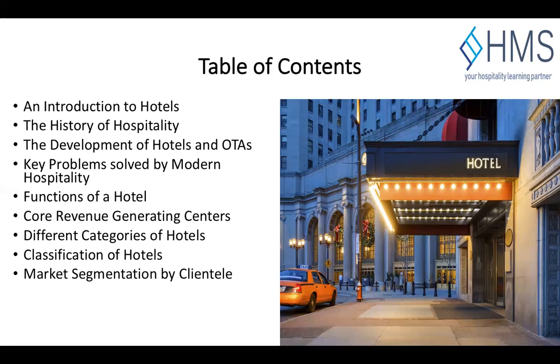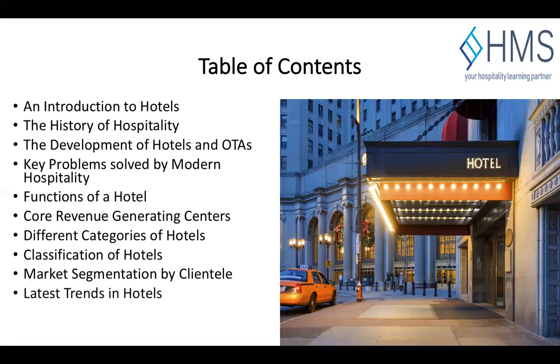Now, irrespective of the hotel category, different hotels target different types of clienteles. Some of them could be just leisure guests, some could be just business and corporate clients, some could also include MICE, which we will address later on towards the end of this module.